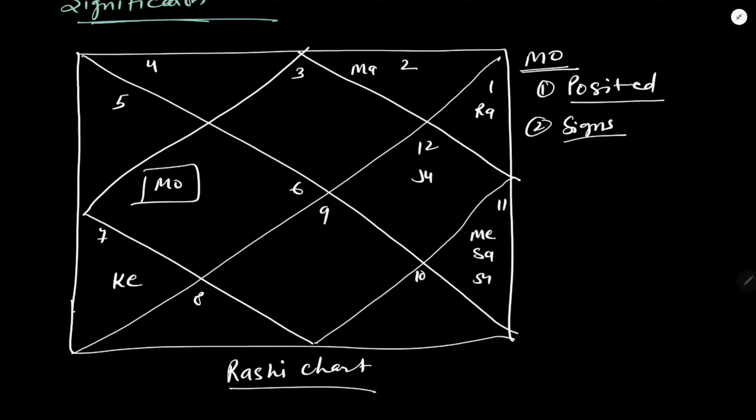Third, it will give the result of aspect. So the moon is posited in the 4th house, the sign of the moon is in the 2nd house, and the moon is viewing the Jupiter 10th house as well, right? So moon is going to signify 4, 2 and 10.